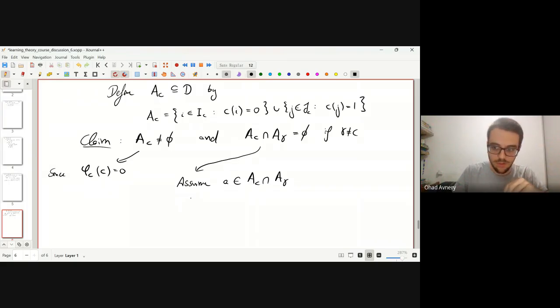I'll go through the proof assuming that it's A1 and A2, but you can match it to be more general. Since A is in A1, it appears in the corresponding proposition phi1, either in positive or negative form. I assume without loss of generality that it appears in a positive form. That is, the proposition C includes XA as one of its conditions.